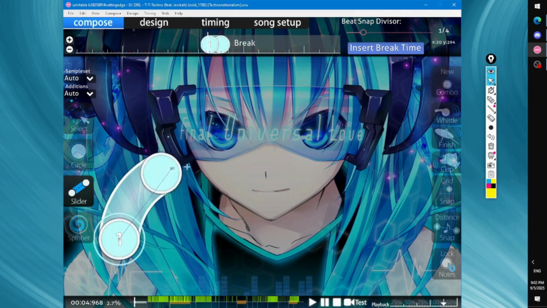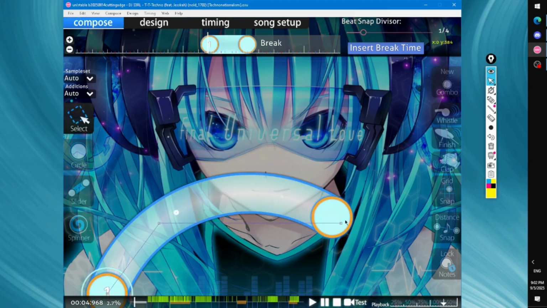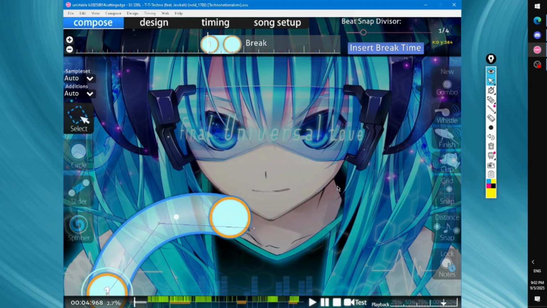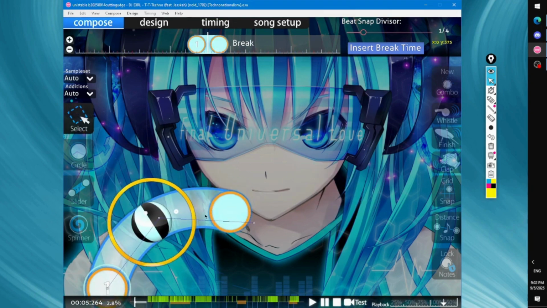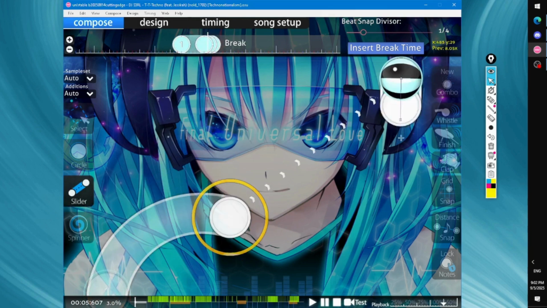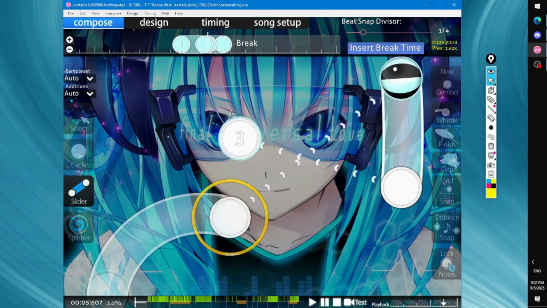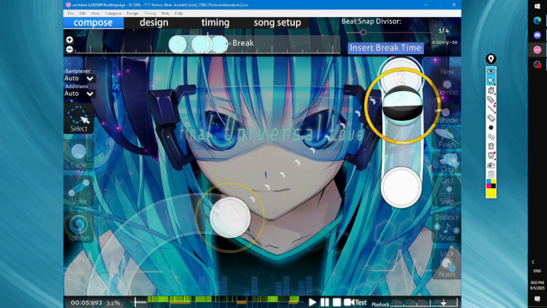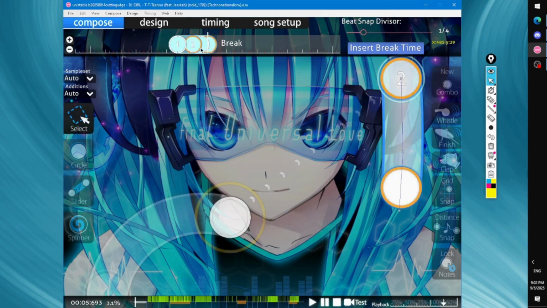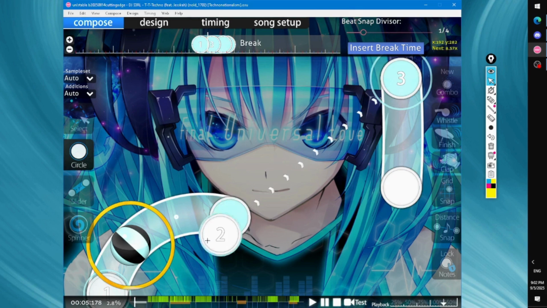Basically, the concept of a 1 2 3 is very easy to explain and very easy to understand. You put object 1, you put object 2, right? And then object 3, the third object that you place in the playfield, must be related or connected to object number 1.